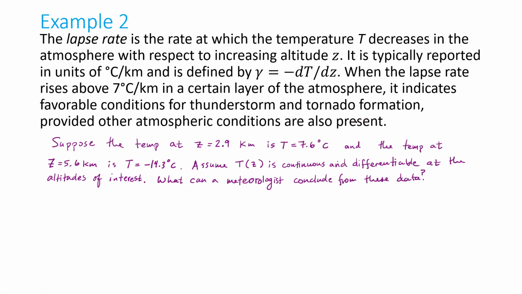So in this case here, could we argue somehow that the lapse rate is going to go above 7 degrees Celsius and create favorable conditions for a thunderstorm? Well, let's look at it a little bit.